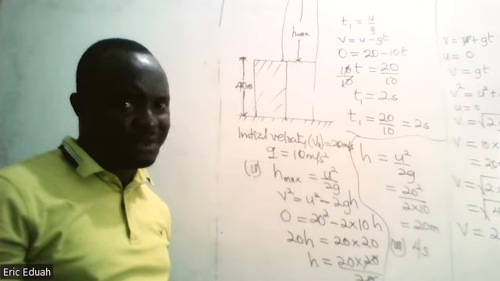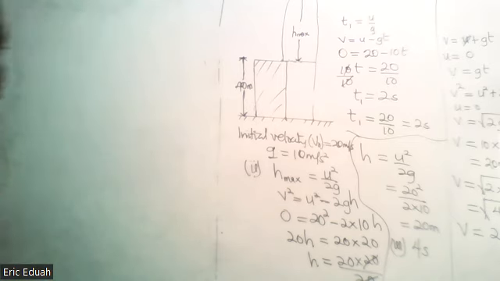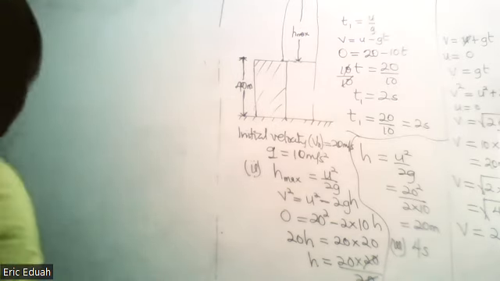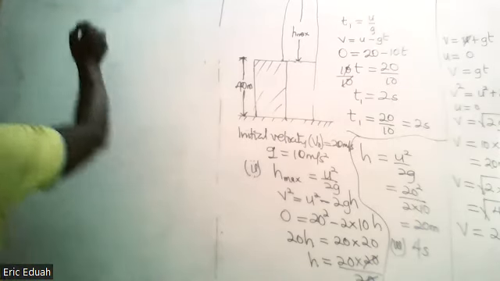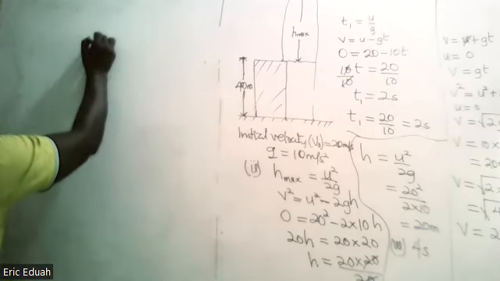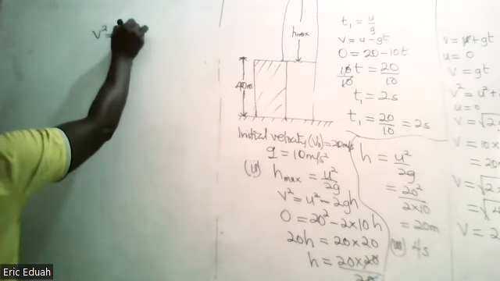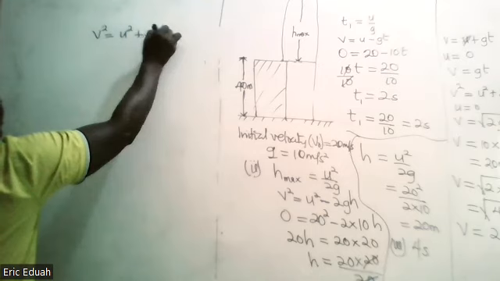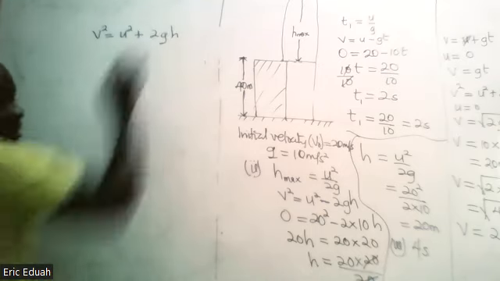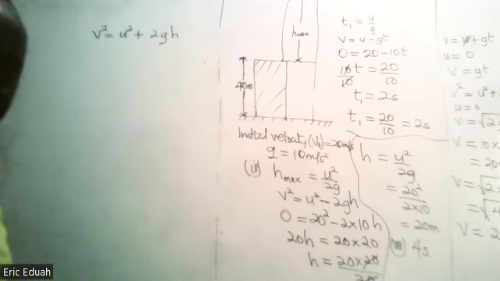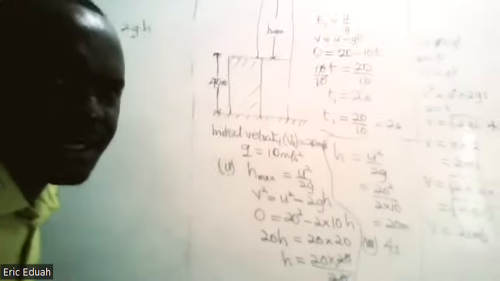Are you okay? Yes, please. How do we get that? Using V squared is equal to U squared plus 2gH.